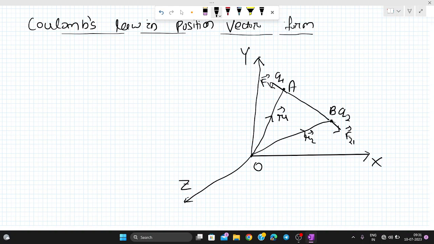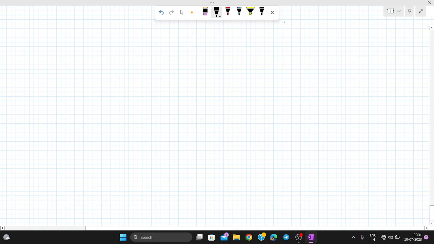And the distance between them is also vectorially r21 and here r12. I hope it is clear to all of you. I have taken a 3D Cartesian system and shown this. If I have to write the resultant position vector r21 or r12, how will I write r1 minus r2 in the coordinate system?